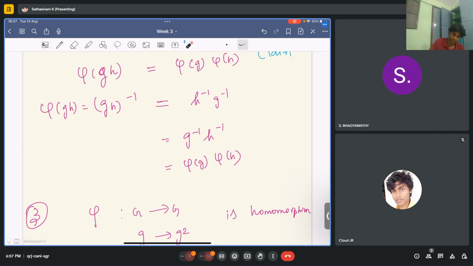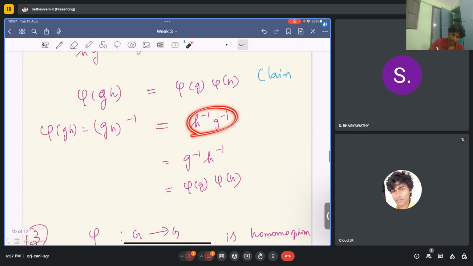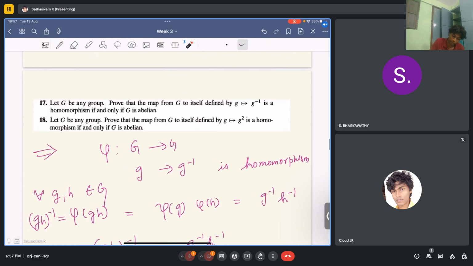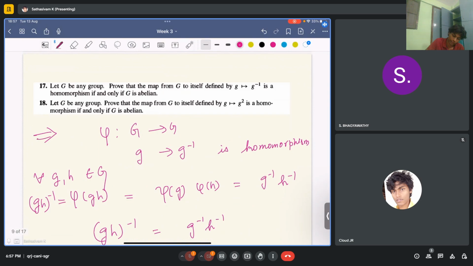So basically, this is the problem of commutativity, and in some sense, it captures abelian. If you want to say a group is abelian, it is enough to prove this map is a homomorphism. But in another way, I can say another thing also. In an abelian group, if you take gh power n, this is equal to g power n h power n.